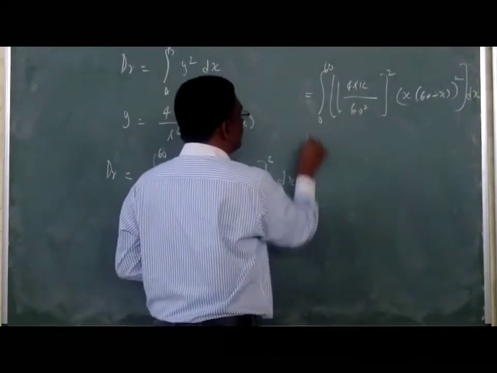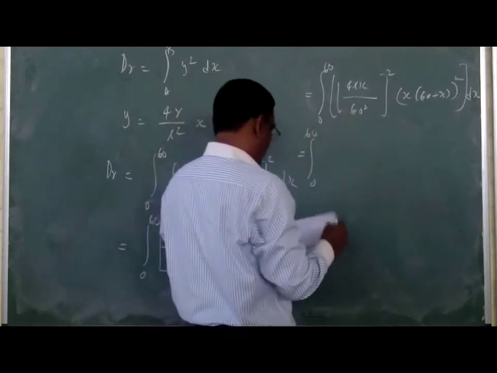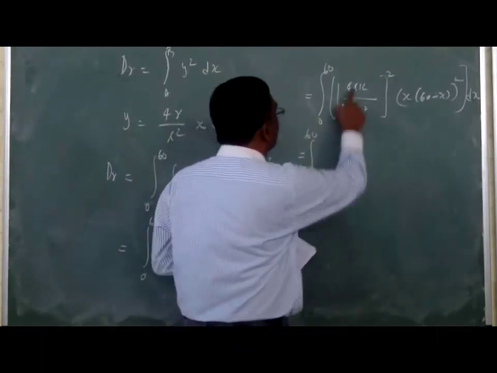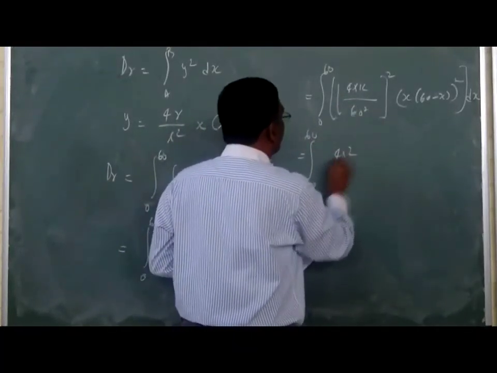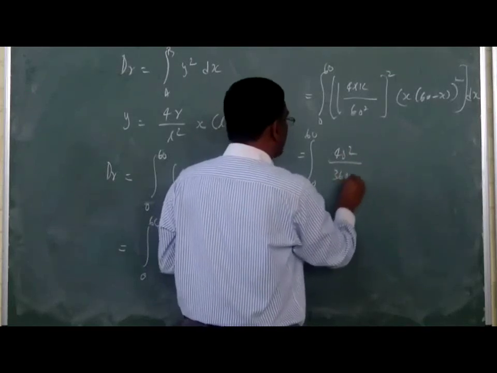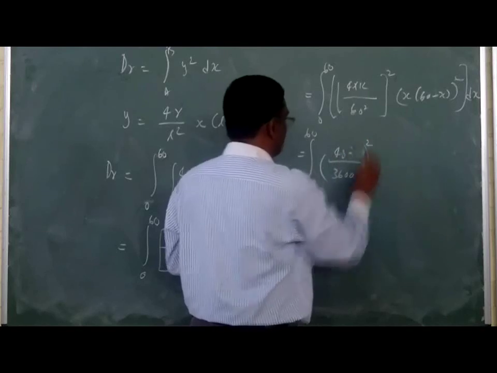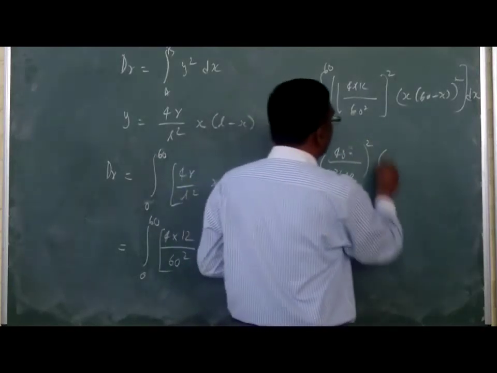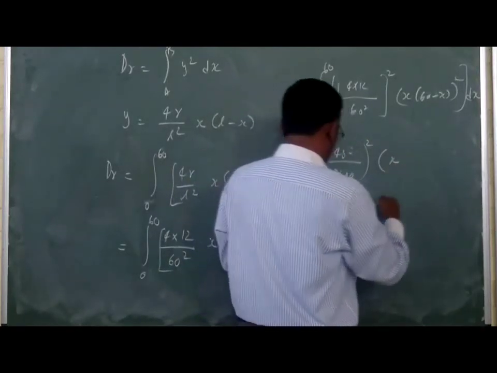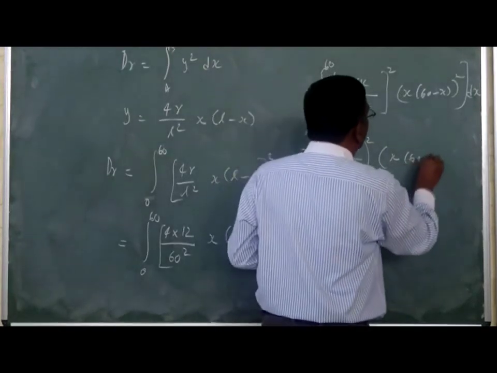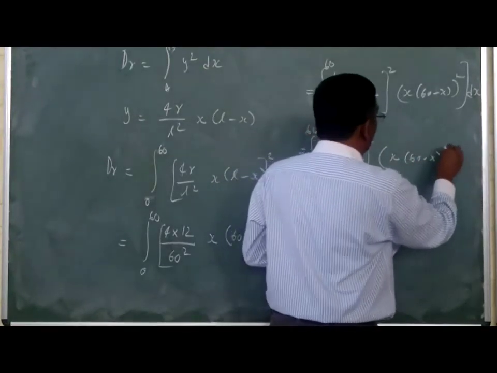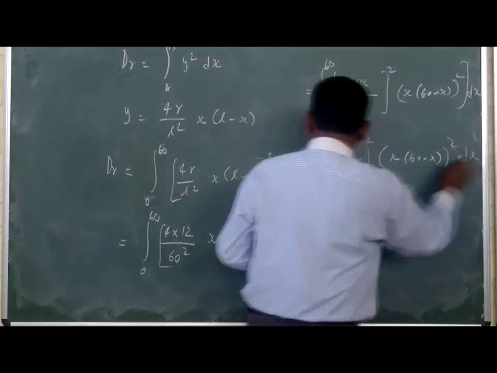So here this is 0 to 60. Solving this, we will be getting 48 square divided by 3600 whole square, so we can put it like this, whole square into x into 60 minus x whole square dx.